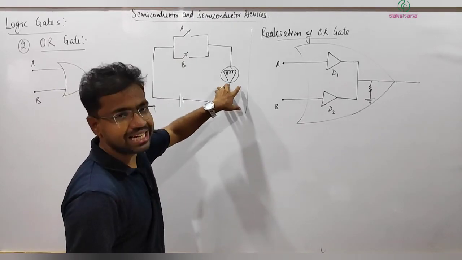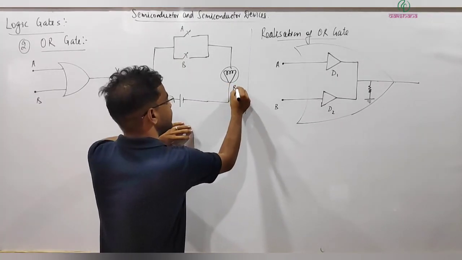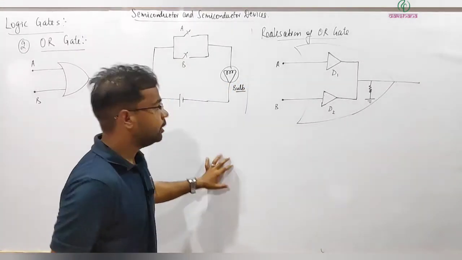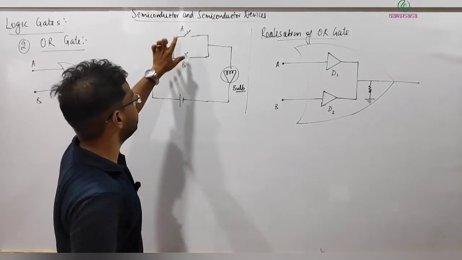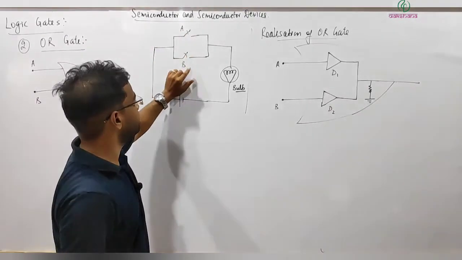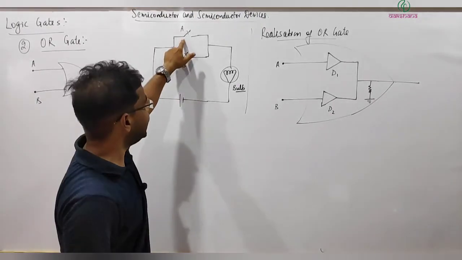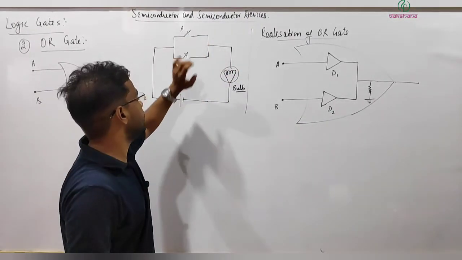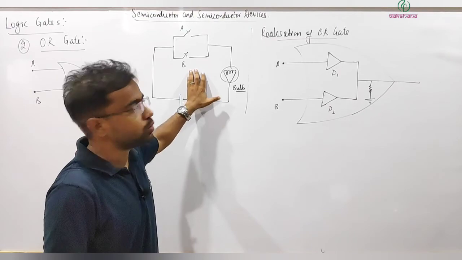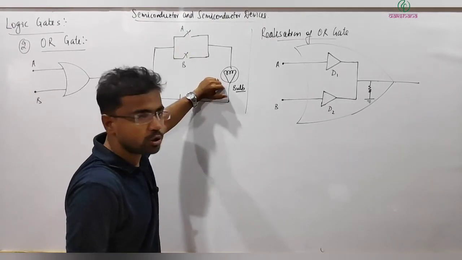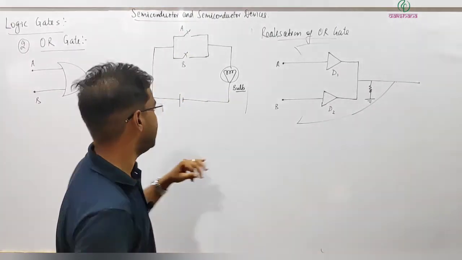The output is basically this bulb, which either glows or does not glow. The battery is connected. If I switch A on and B is off, A on means high, so it's 1, and B off means low. With 1 and low, the bulb is still glowing, meaning high, we get output.